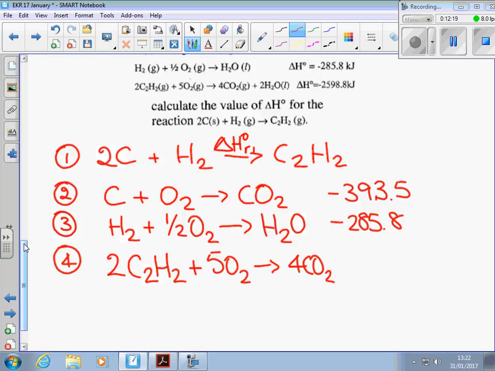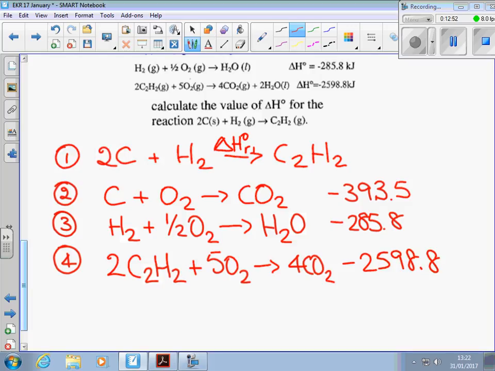Yes, it's ethine, but it also would have started with acetyl in the old naming system, so that's actually acetylene. So have you ever heard of acetylene welding torches and things like that? That's acetylene. So that's the burning of acetylene at the bottom there. So our change there, and not surprisingly, burning acetylene is going to give us quite a lot of energy, 2598.8.